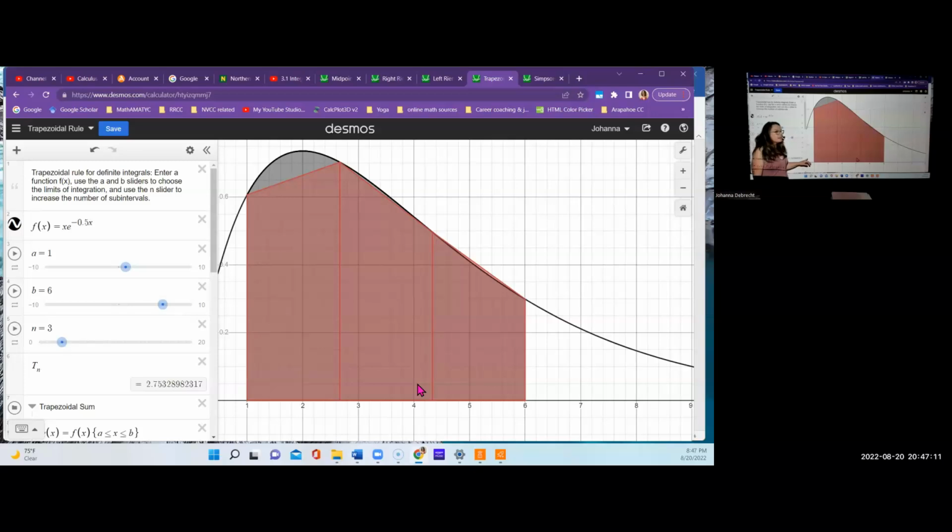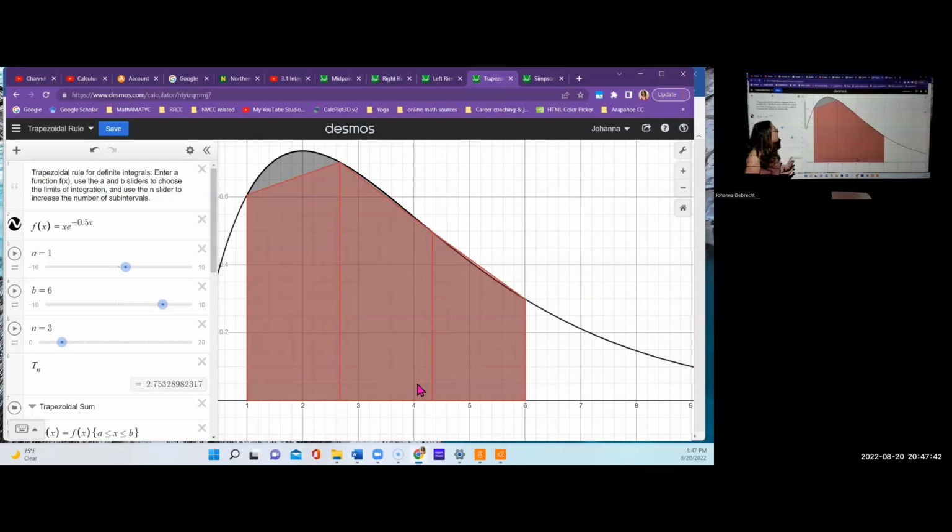So to find the area of this one trapezoid, I'll take the length of this side, which is the function value at the left endpoint, and the function value at the right endpoint, add them together, divide by 2, and then multiply by delta x, which is the height of the trapezoid turned sideways. This gives us a formula for the area under the curve when we add all the trapezoids together.